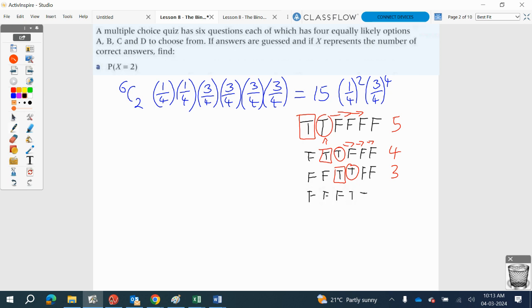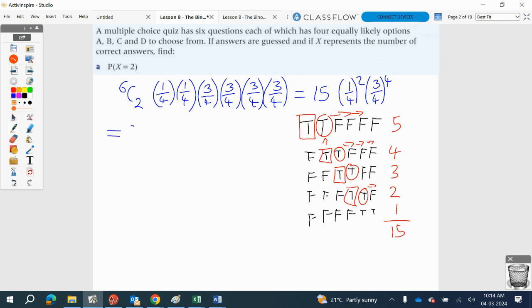I'm going to have a true here. This one has to stay static. This one can move into 2 possibilities. And then the last one, it can't move. I've got to have all of these false and these 2 as true. There's only 1 of these. Add that up, you get 15. 15 combinations.